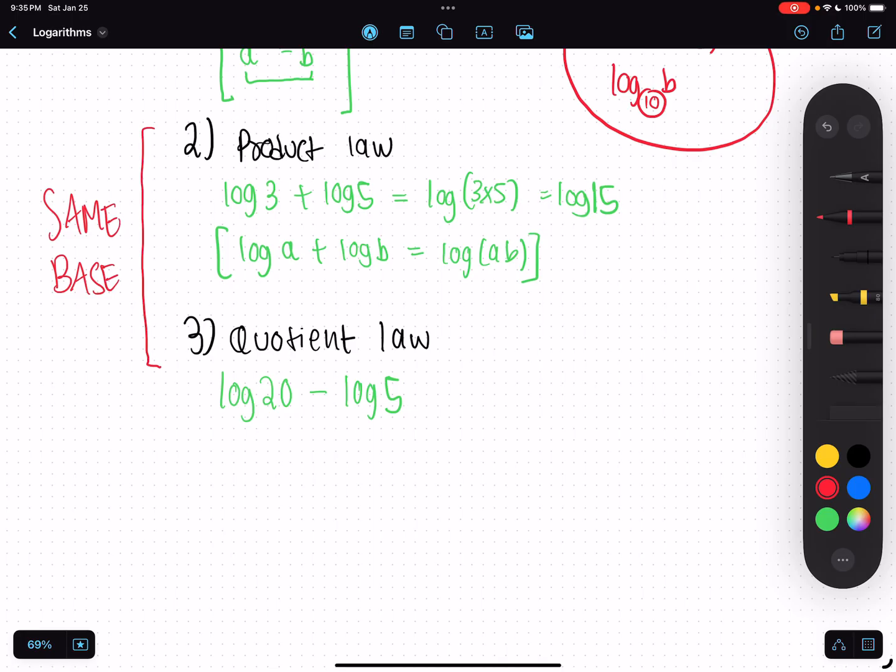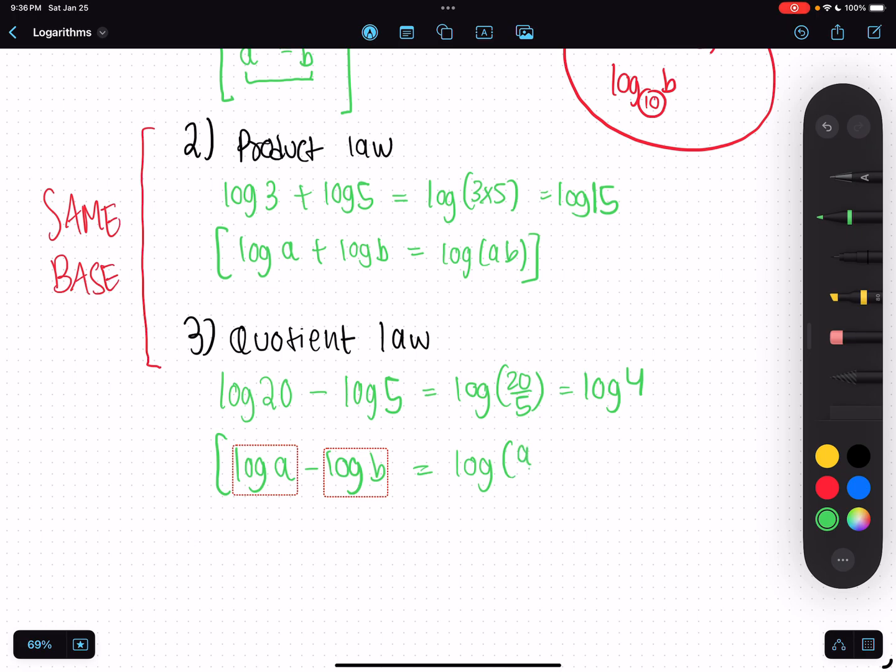So basically log 20 minus log 5, if they have the same base, is going to be equal to log 20 upon 5, which is going to be equal to log 4. So basically you have the rule of log a minus log b with the same base is equal to log a upon b, and of course vice versa.